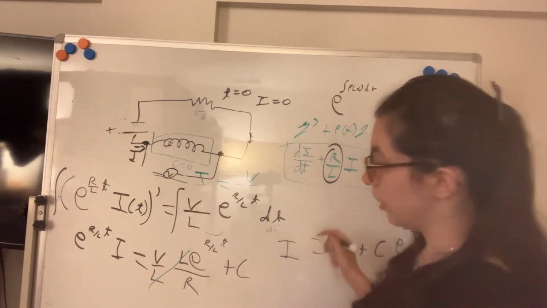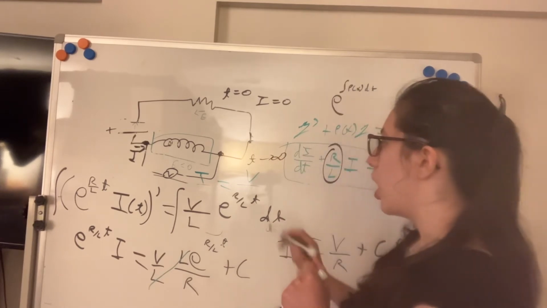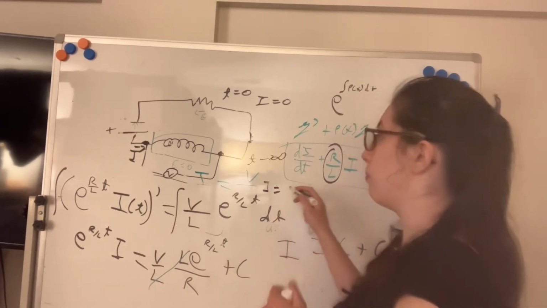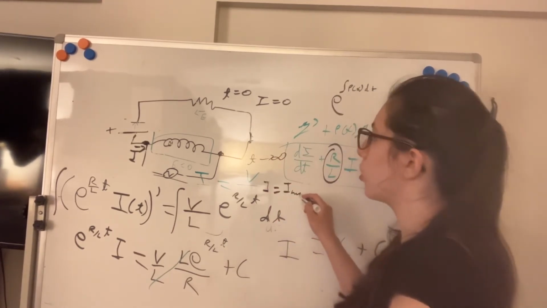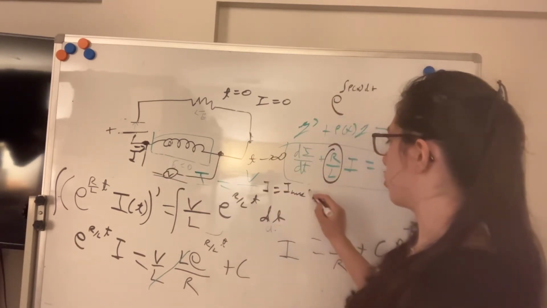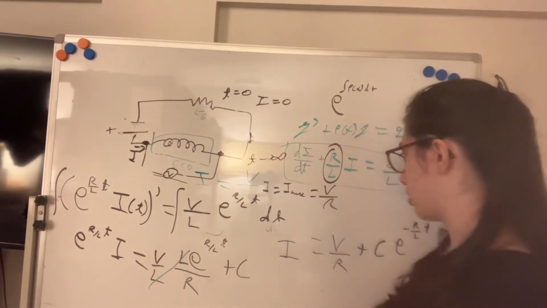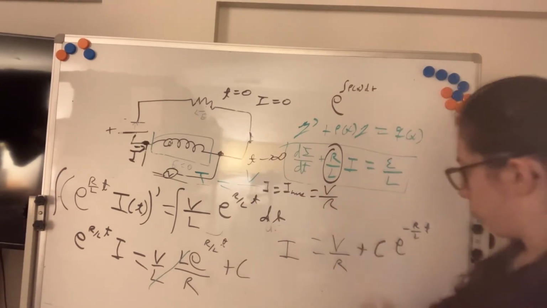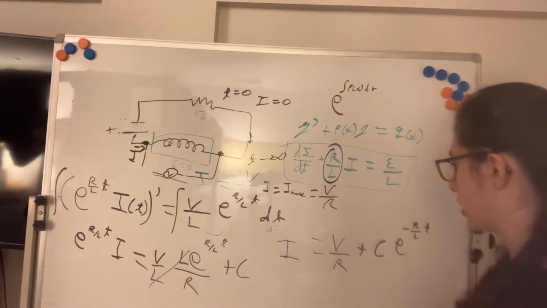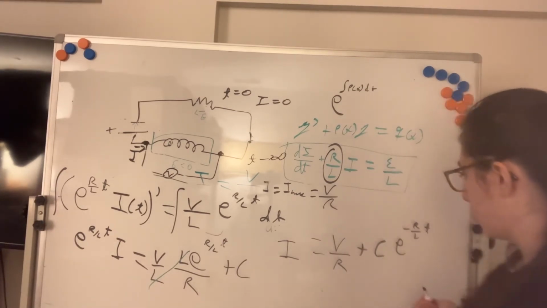So at infinite time, when t tends to infinity, I tends to the maximum current, and that maximum current is as if there were no inductance, just the voltage divided by the resistance. So V over R is the maximum current. We can substitute this with the maximum current.